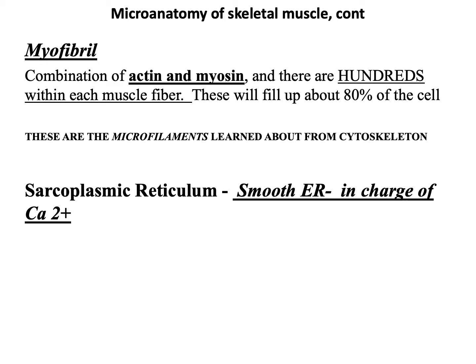Okay, and now instead of calling it endoplasmic reticulum, that smooth ER, smooth endoplasmic reticulum, we're going to give it another name, sarcoplasmic reticulum. And we mentioned that one of the jobs of smooth ER is to store calcium, specifically in the muscle section. So here we go. You're fixing to see exactly how important that storage of calcium and that release of calcium is inside that cell.